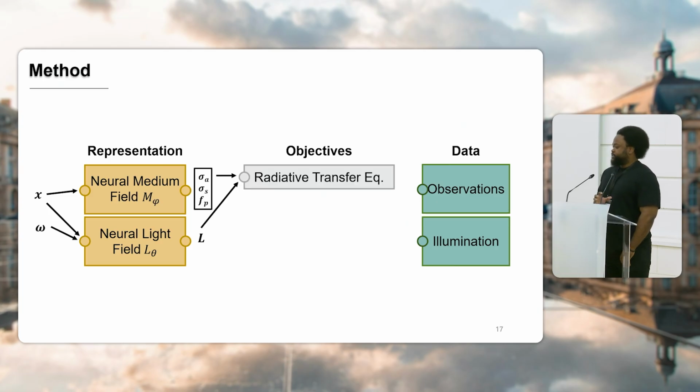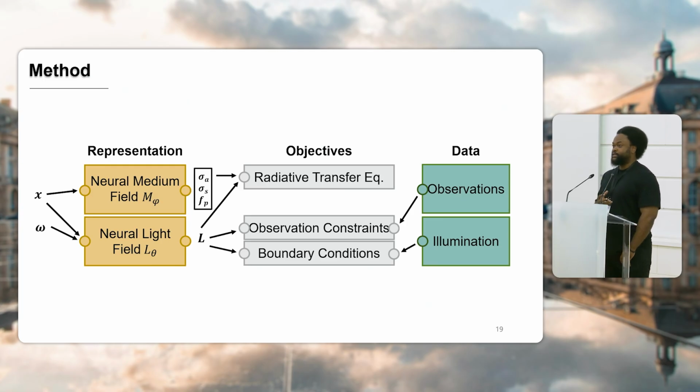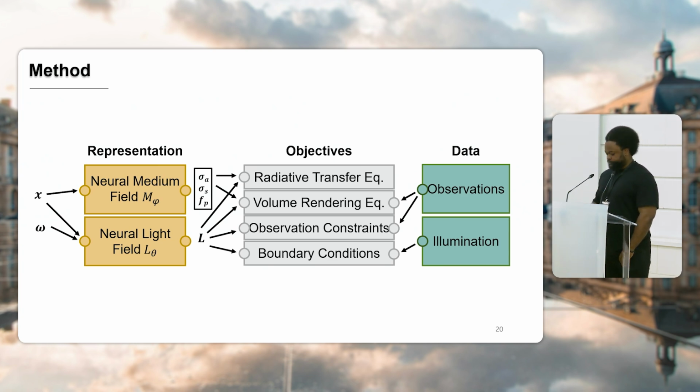And then we optimize this framework using a set of objectives, the first of which is the radiative transfer equation. We add our observation via an observation constraint. We include the illumination as a boundary condition. And finally, we also add a non-local constraint in the form of the volumetric rendering equation.